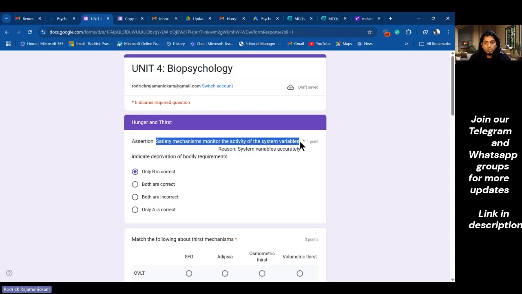So the parched tongue is what is triggering the consumption of water here. But it does not exactly correlate in real time with your blood's water level. So it is not the exact system variables that are being monitored, but it is the parched tongue that triggers it. That is what is monitored. So only R is correct here.